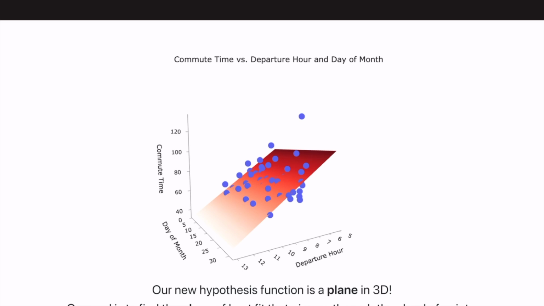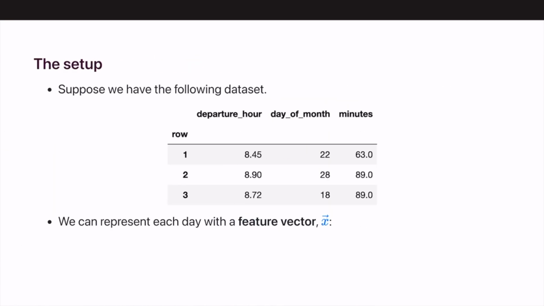In order to do that, we've got to think about this new idea of something called a feature vector. A feature vector allows us to encapsulate each observation of our data and all the features that are relevant to making that prediction for that observation. So for example, in this case, let's section off minutes. Let's use yellow.